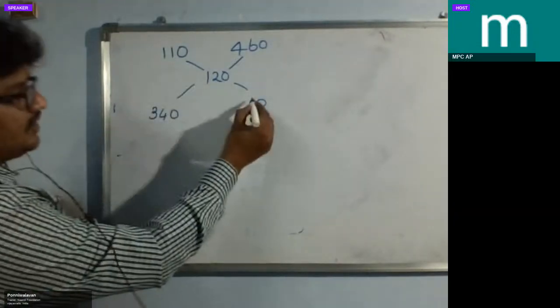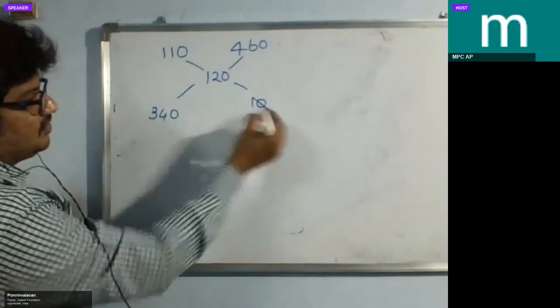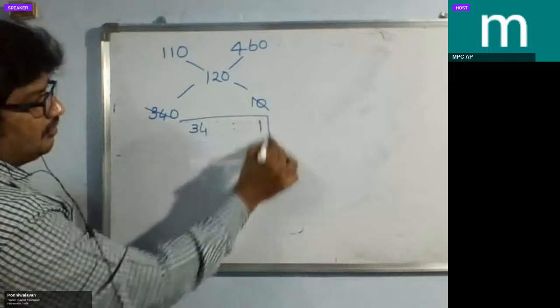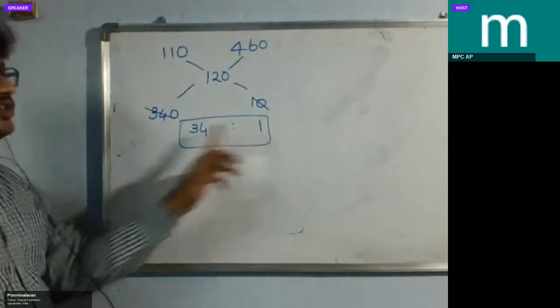So what is this ratio? We can divide this by 10. It will become 34 to 1. So the ratio is 34 is to 1.